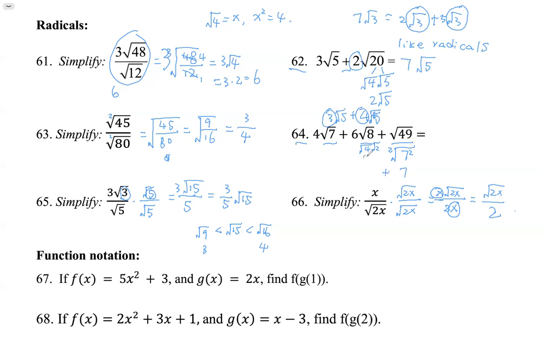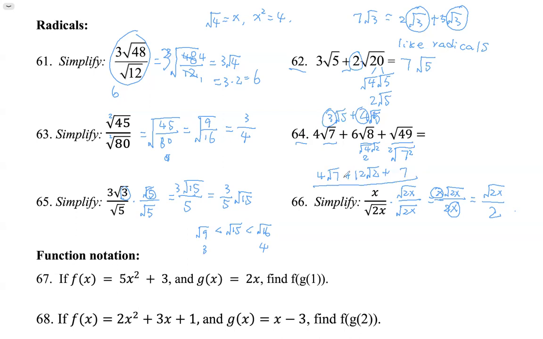The square root of 4 is 2, and 2 times 6 is 12. So the square root of 8 is 2 radical 2, and times 6, that's 12 radical 2. And plus 4 radical 7. And that's it.